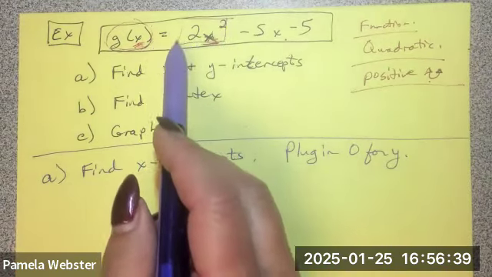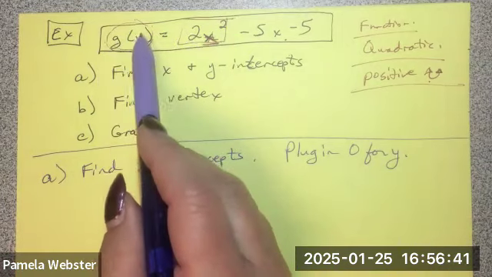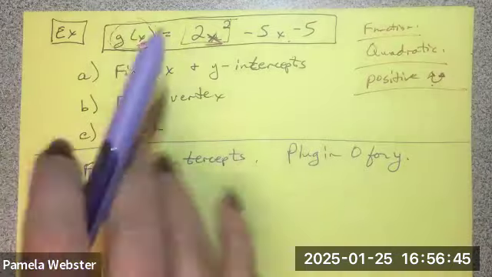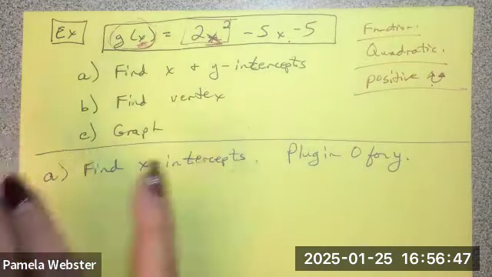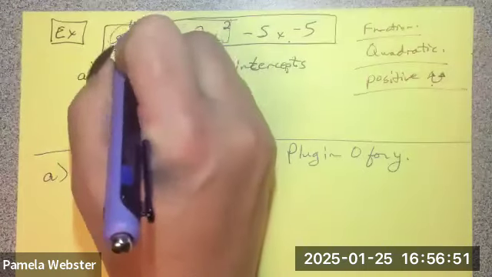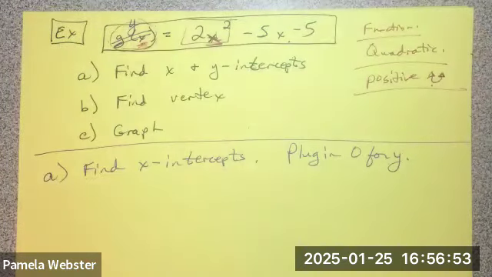Why is there not a y? And the reason there's not a y is because they gave this to me in function notation. But we know that the function notation, the g of x, that's the same as the y. So if you need to, you can mark that guy out. If you don't need to, you can just say, oh, my y's on that side. No problem. But if you need to, you can mark that guy out.